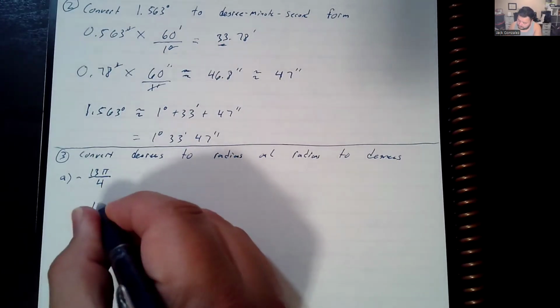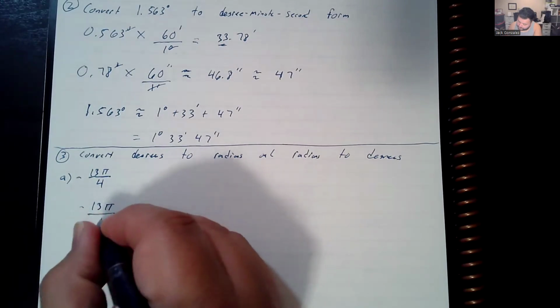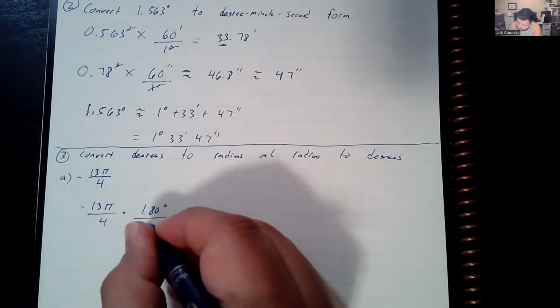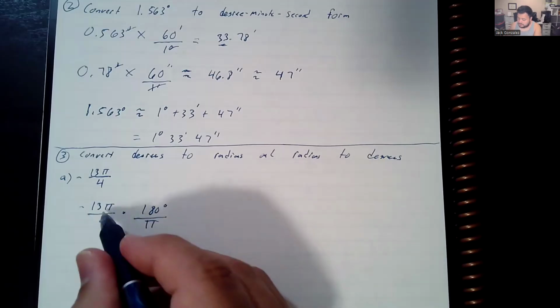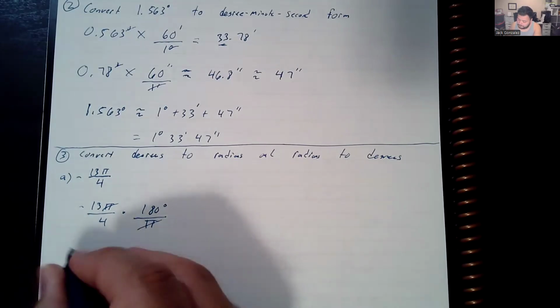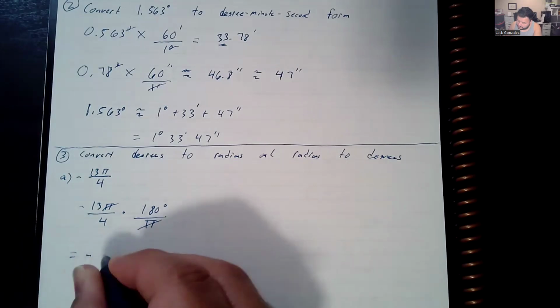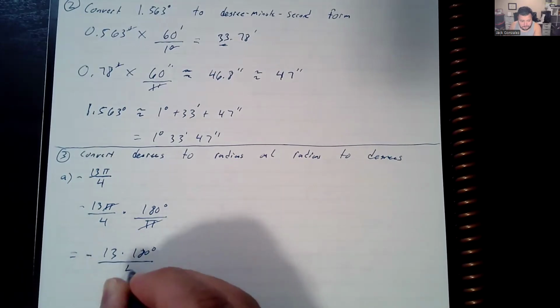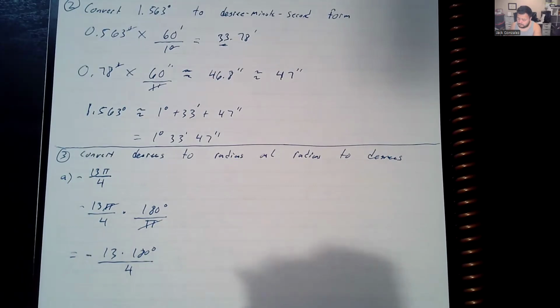So we multiply it times 180 degrees, the conversion factor, canceling your pi, leaving you with negative 13 times 180 degrees over 4, which will become degrees. Negative 585 degrees.